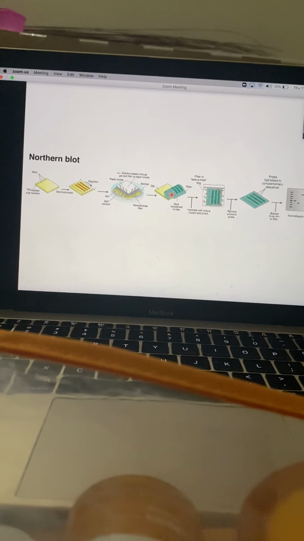The RNA will bind to the nitrocellulose membrane, and you take that membrane and then you put it in a solution that has a radioactively labeled probe for a gene of interest, and then you expose this to detect what bands are observed. And here is the X-ray film and the autoradiogram.